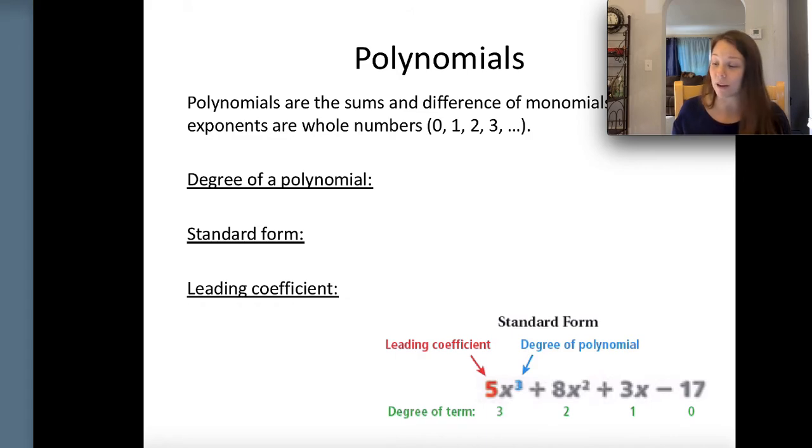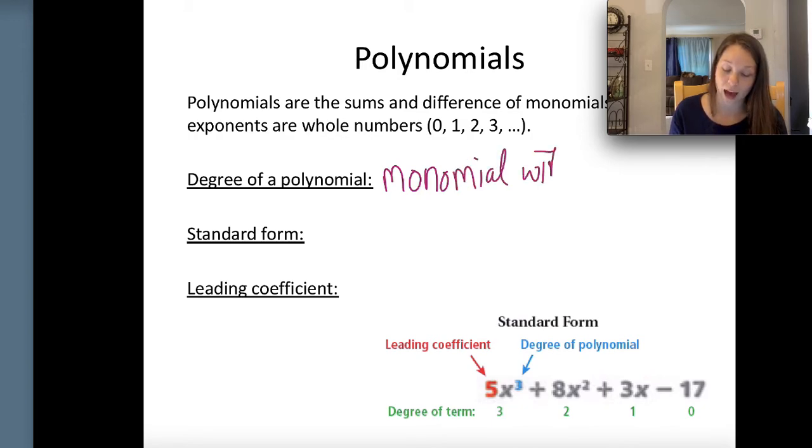So how do we identify the degree of a polynomial? Well, the degree of a polynomial is identified by looking at the monomial with the highest exponent, or the largest degree.